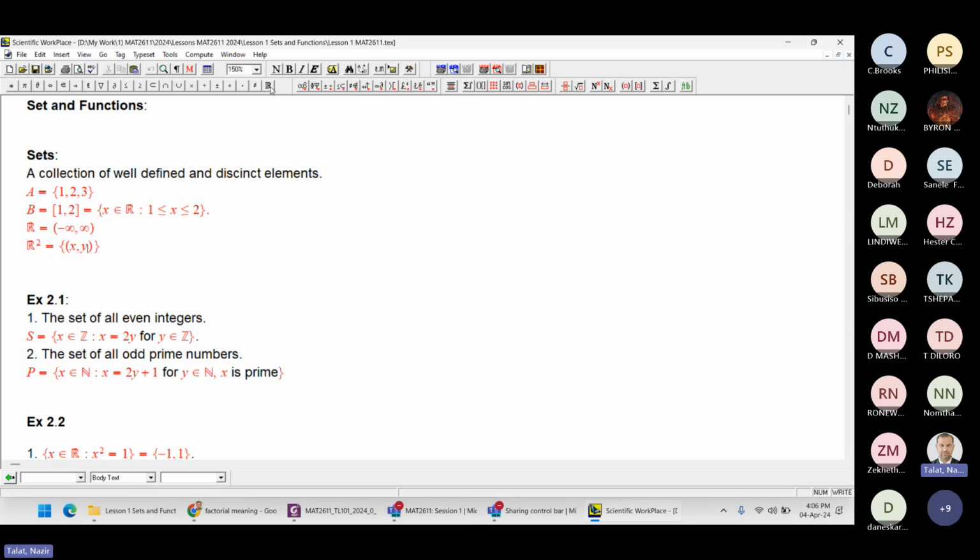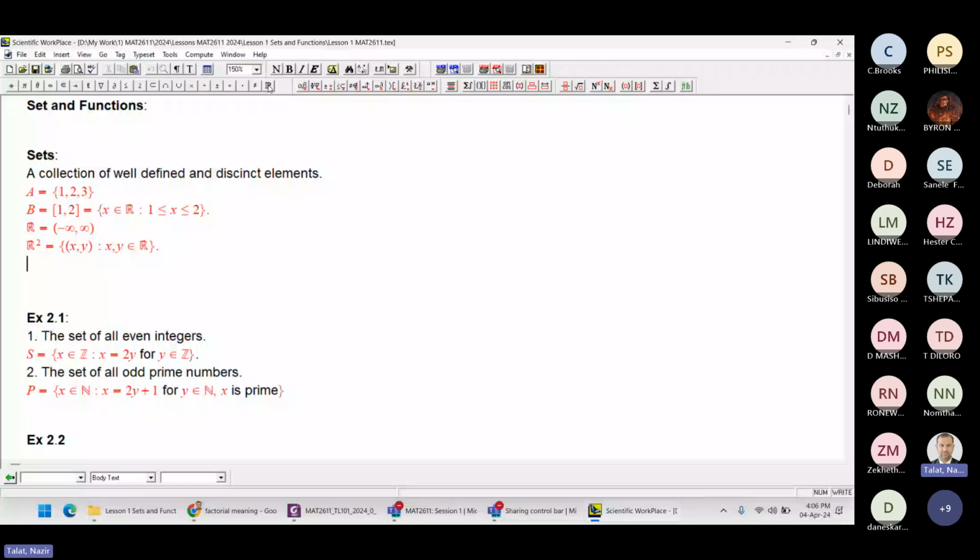For instance, it contains all (x, y) such that x and y are real numbers. So here it is the set of all two-tuple elements.